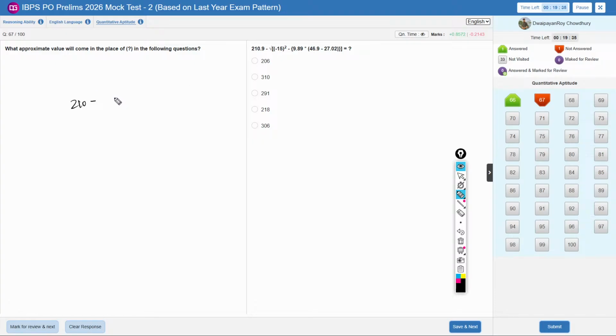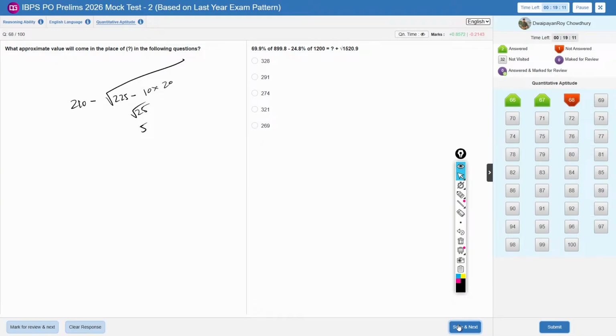This is going to be 225 minus 10 into 47 minus 27, so 20. So 20 under root 5, so 5. So it's going to be 206.